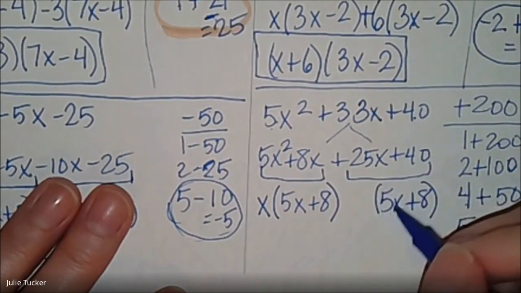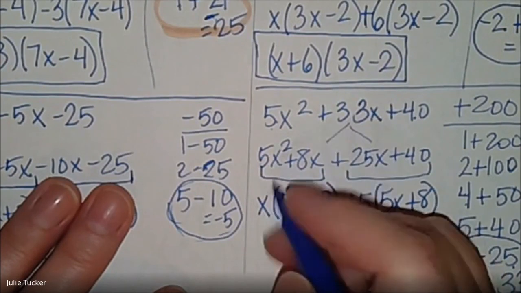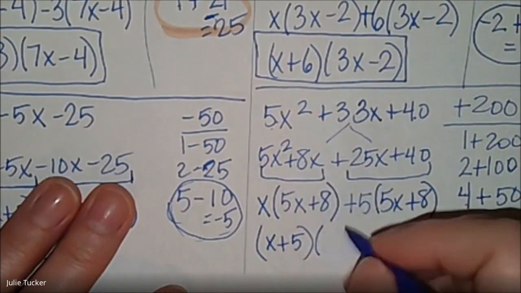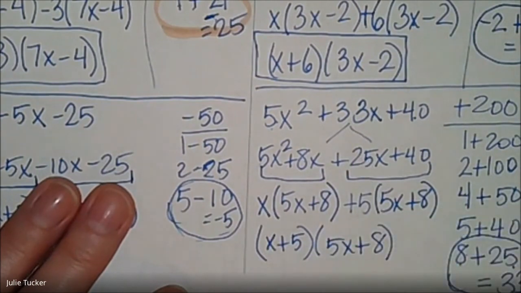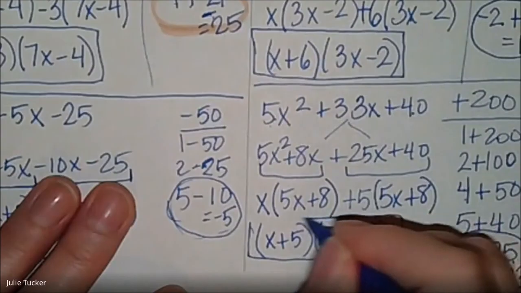What number times 5 is 25? 5. And then we put them together, I mean. The other binomial is the one that matches. That's your answer.